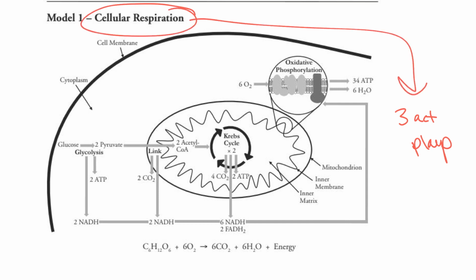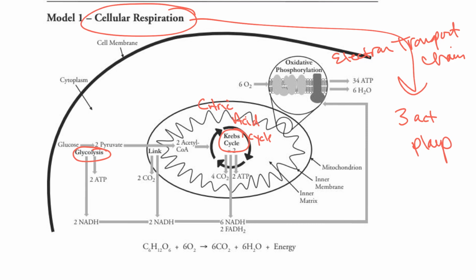Act 1 is glycolysis. Act 2 is the Krebs cycle, also called the citric acid cycle. And yes, I'm very sorry, but you have to know both names. And then the final finale is what we call the electron transport chain. And the electron transport chain is where we make a whole bunch of ATP.